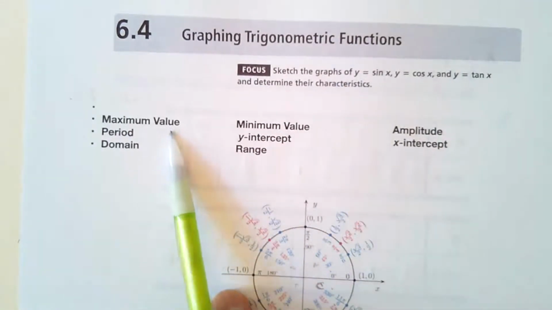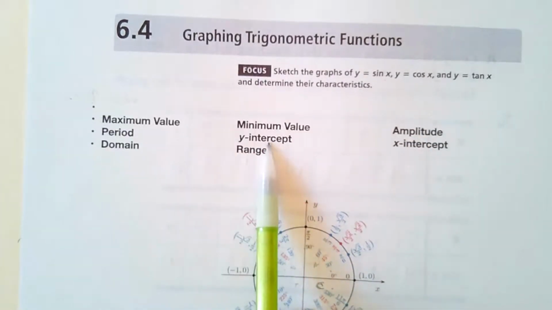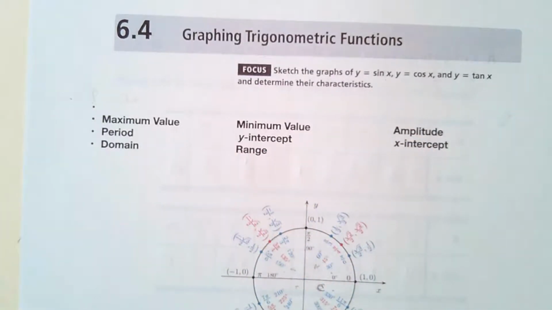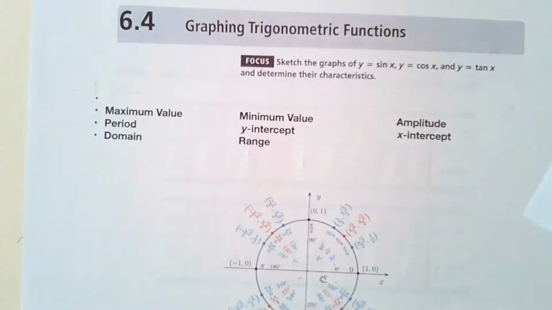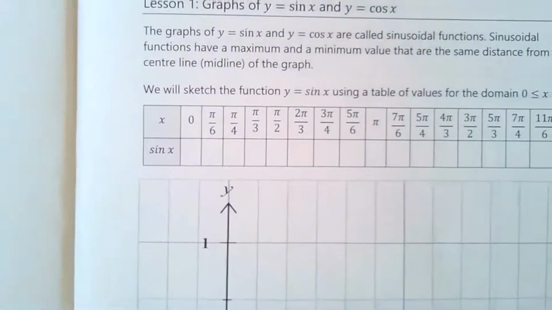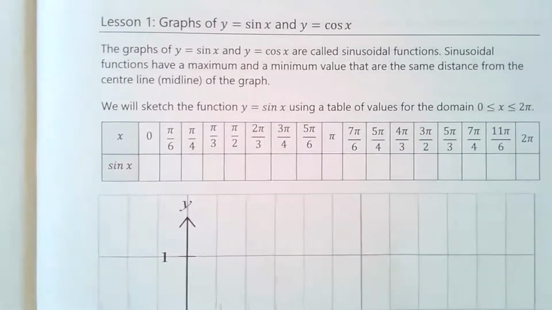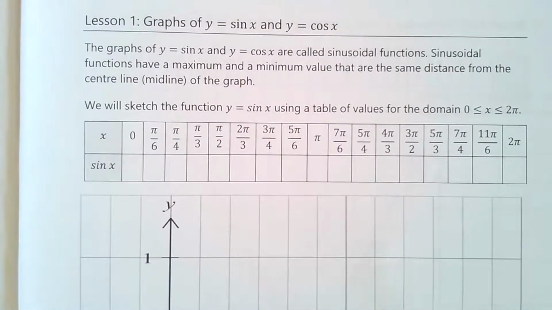We looked at the maximum value, minimum value, the amplitude, the period, the y-intercept, domain, and range. And your assignment is to practice sketching of the sine and cosine graph in your booklet.